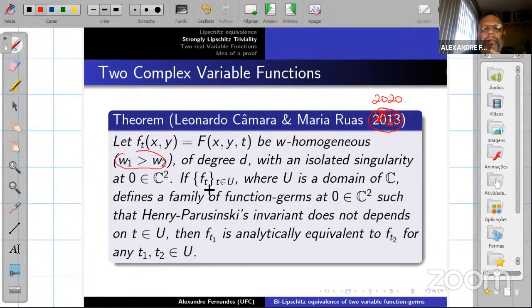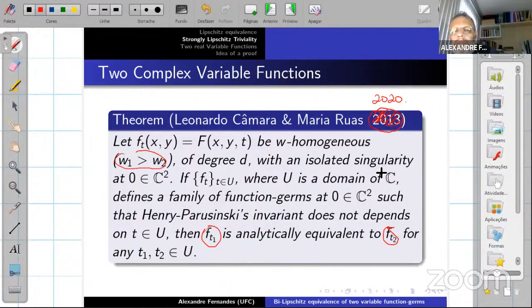If the family has constant Henri Parusinski invariant, I mean, this continuous family has the Henri Parusinski invariant constant, so the invariant does not change along the family. If you suppose that, then both f_t1 and f_t2 are analytically equivalent for any t1 and t2 in the domain of the parameter.